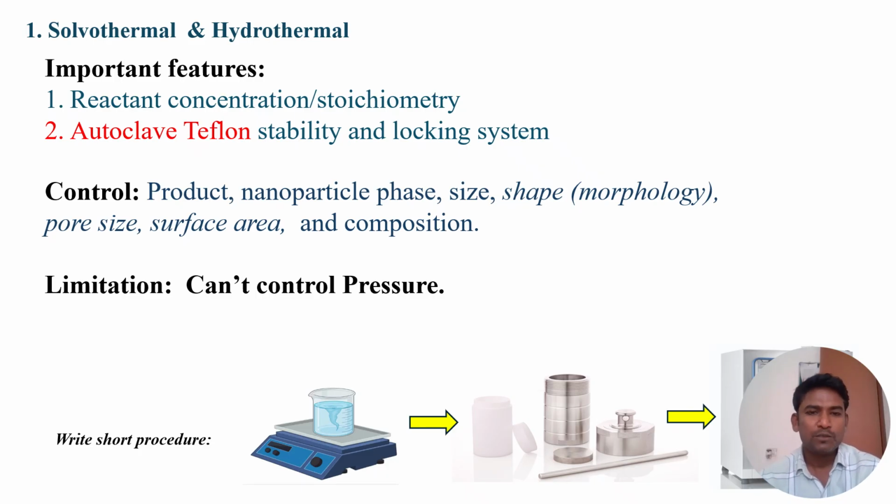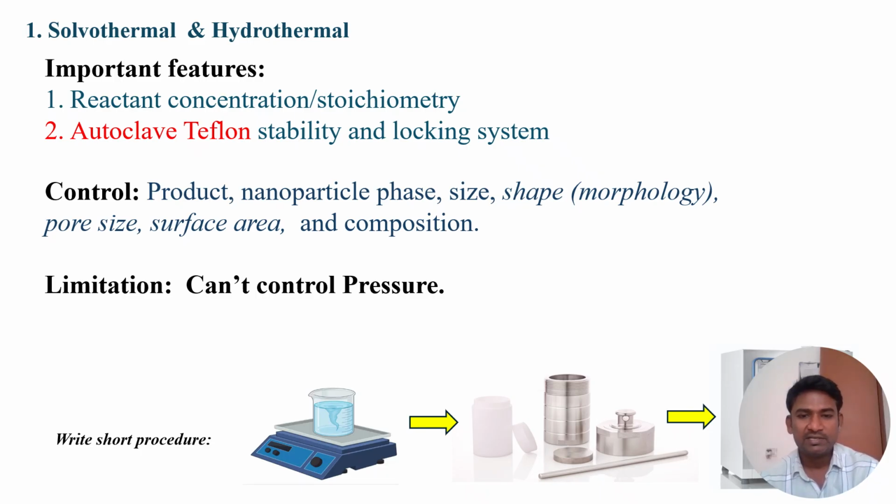Notably, through this method, we can control the product. We can control the nanoparticle phase, the size, the shape, that is morphology, and we can control the pore size, surface area, and composition. The limitation is we can't control the pressure in a normal autoclave, while there is a special setup where we can control the pressure.